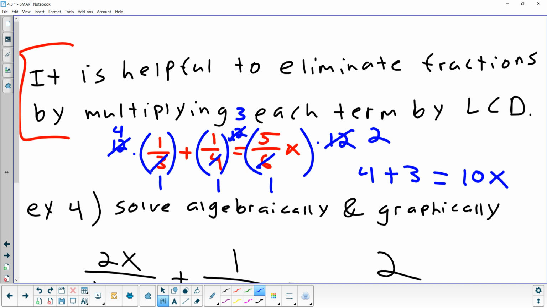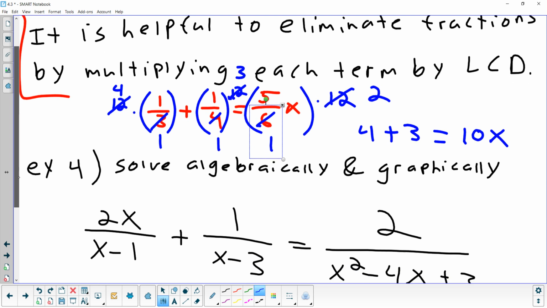I can quickly see the answer is 7/10 without even having to really do anything else. Just 7 divided by 10. But when we had all these fractions in here, it made it more complicated. I couldn't do that as easily. So we multiplied everything by something that canceled out all these denominators. So now let's try that same idea on this one.